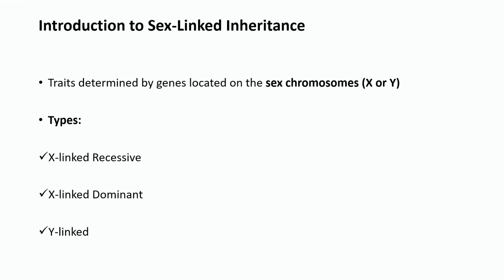The traits that are determined by the genes located on sex chromosomes mostly show the X-linked or Y-linked inheritance pattern. As you remember, with the autosomal disorders I discussed the recessive type of inheritance and the dominant type of inheritance.